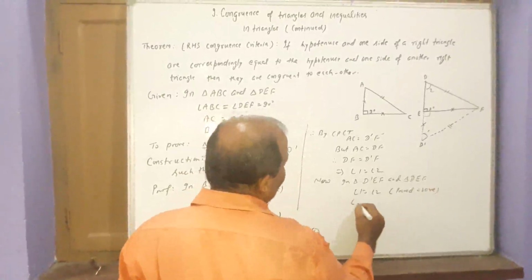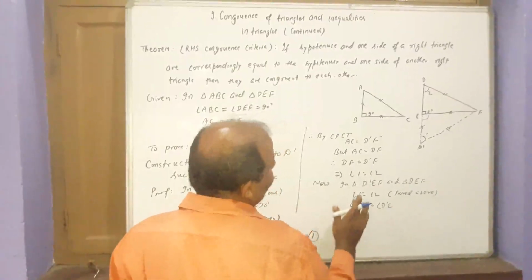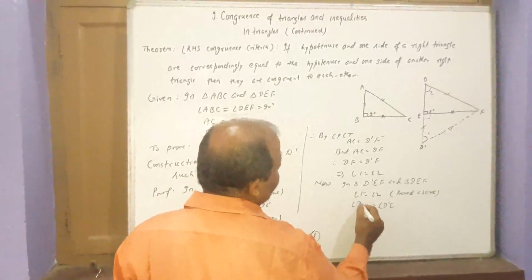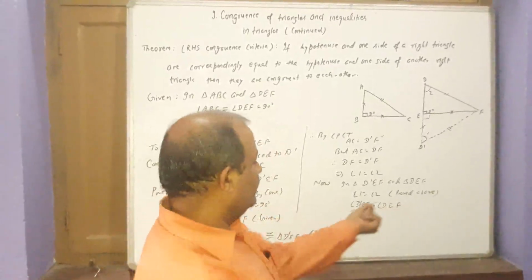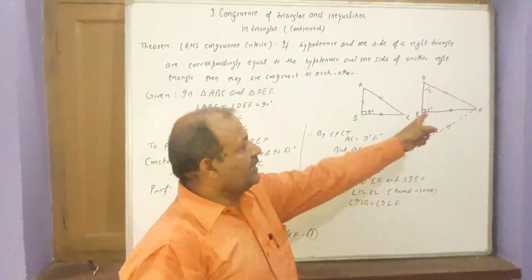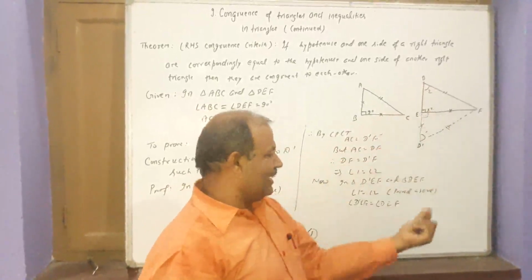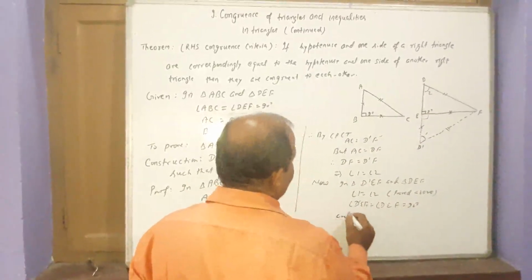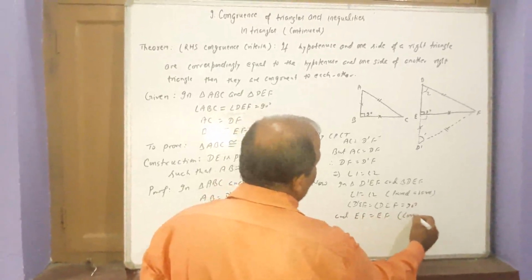Next, angle D dash EF is equal to angle DEF. Here, D dash EF में angle D dash EF है, ये 90, और triangle DEF में ये DEF angle है 90. So each one is 90 degrees. And EF is equal to EF. It is common.